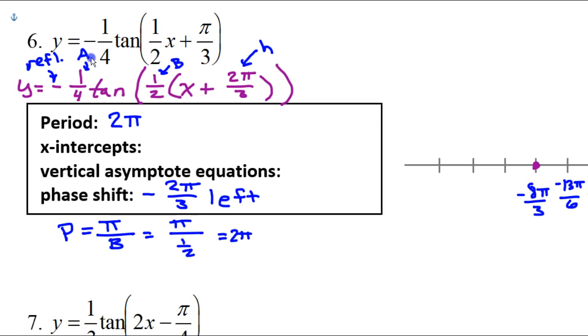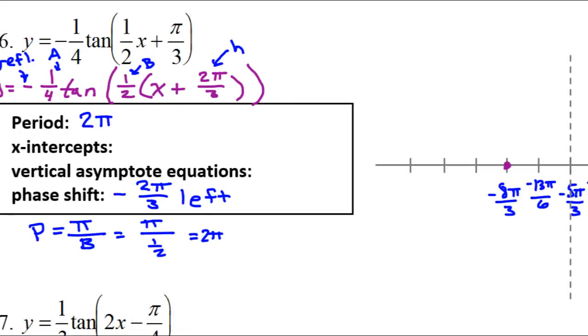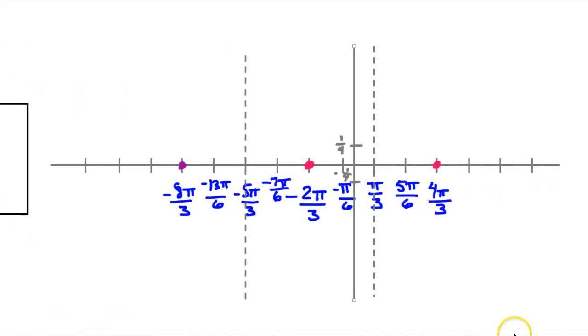Oh no, this has a negative sign in front, so we have to be careful because this is a reflection over the x-axis. For that reason, the main thing that's going to change is instead of rising, the tangent function is going to be decreasing everywhere. Everything I draw from left to right is going to be falling, always falling. So just keep that in mind.